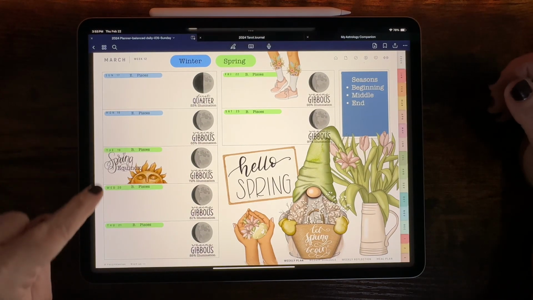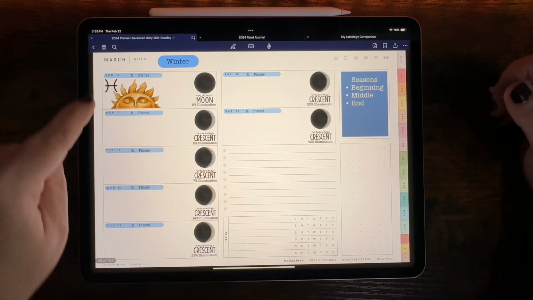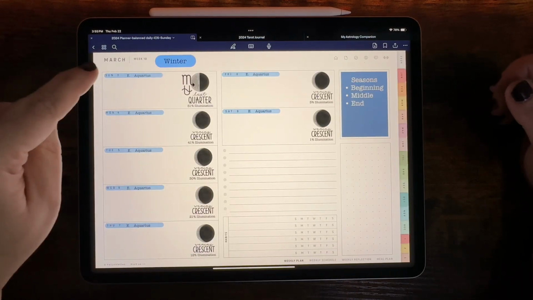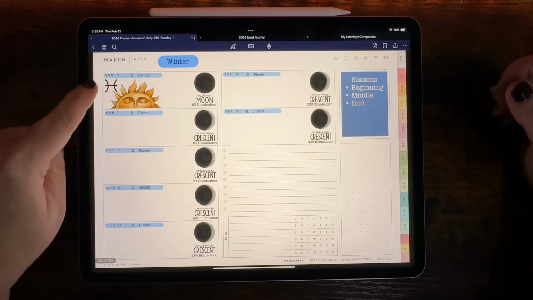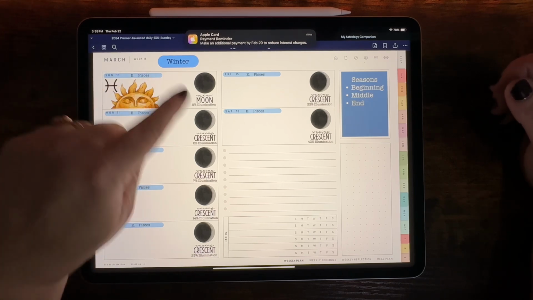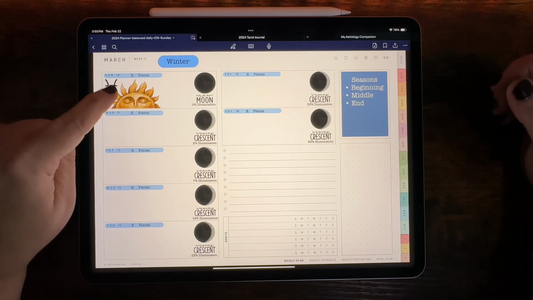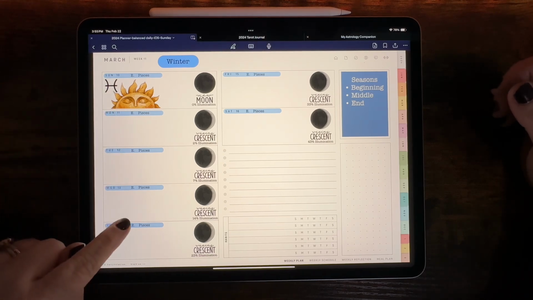So now we're in Pisces. Well, we're at the end of Aquarius. So now we move into Pisces on March 10th, right? So it's the ending.